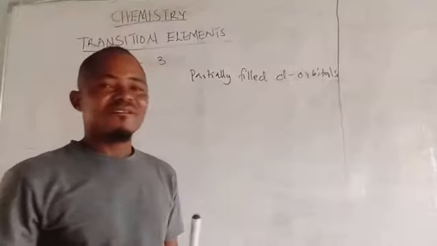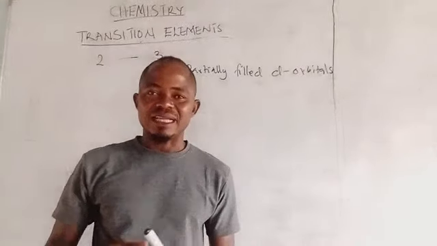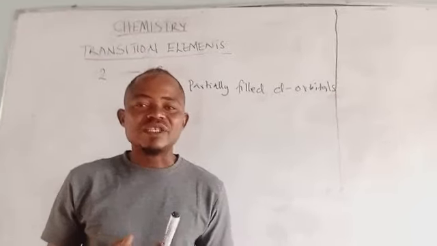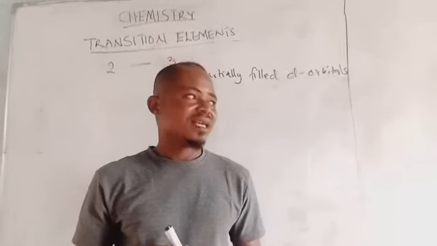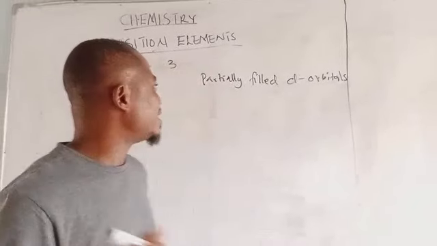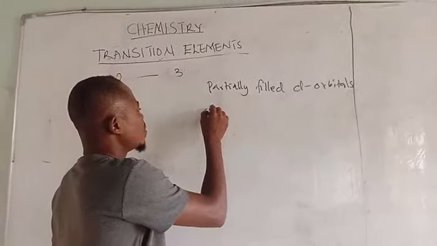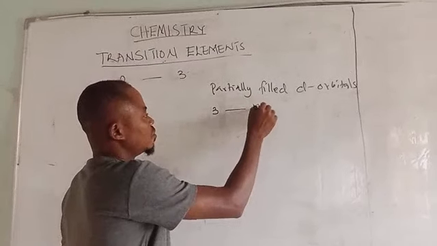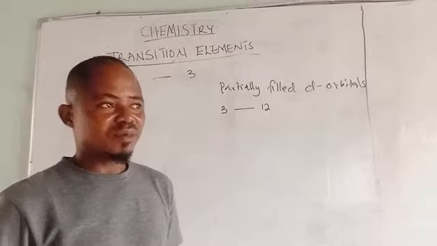So if you have a d orbital that is partially filled, that is what makes you a transition element. We have such elements in the periodic table from group 3 to group 12. This is where you find them.